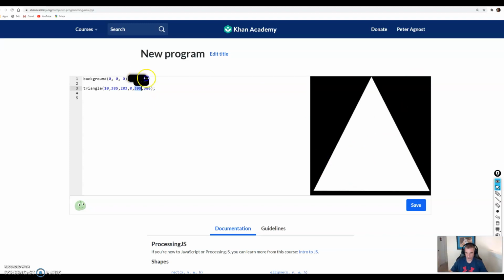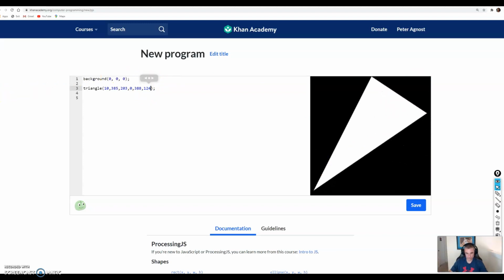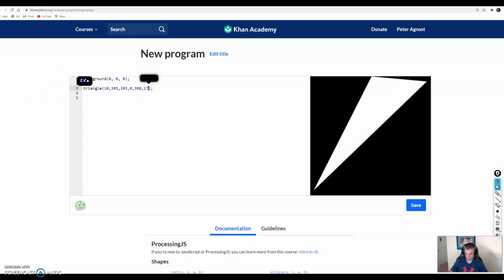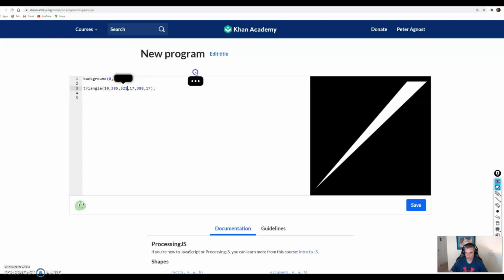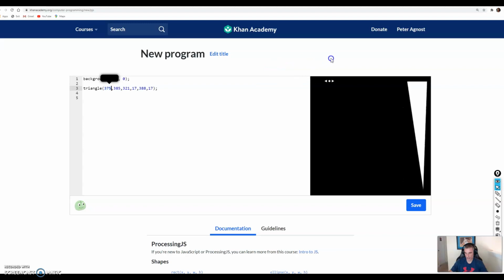So what I like to do is start grabbing points and moving them in the general direction that I want them. And again, the more you do it, the better you'll get at getting your triangle where you want. And now I have a tiny triangle in the upper right-hand corner.